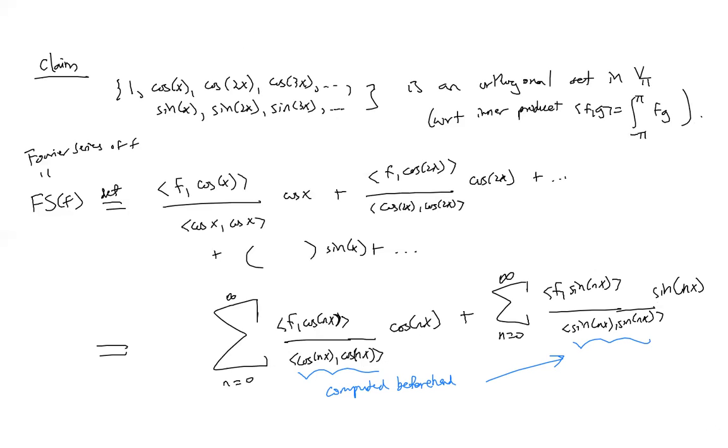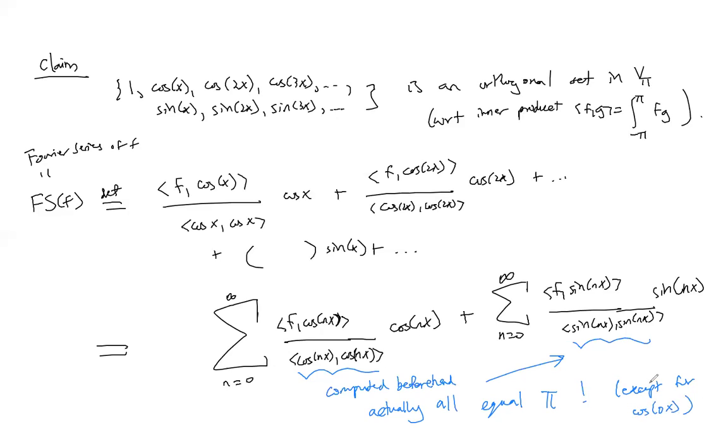So the statement is that these inner products of cosines with themselves, these norms, have a specific formula, right? So in fact, they all equal pi, except for n equals 0, except for cosine 0x.